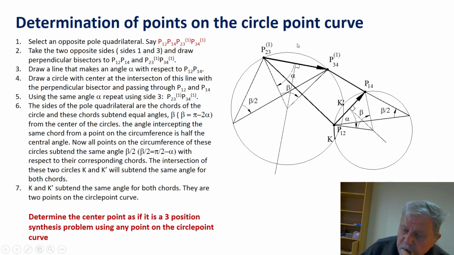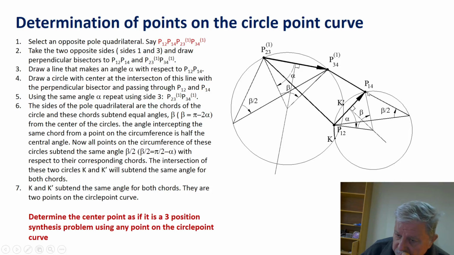You draw perpendicular bisectors to these sides. Remember, these vectors are directed. That's very important. Draw the perpendicular bisectors. Draw a line that makes an angle alpha. Alpha is any angle you select, okay? With respect to P1 to P14.